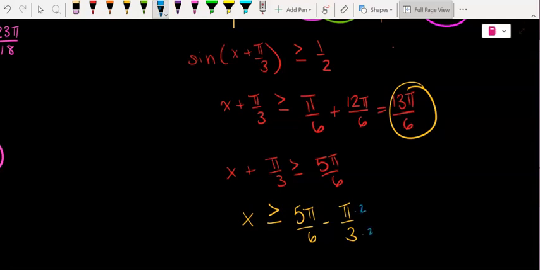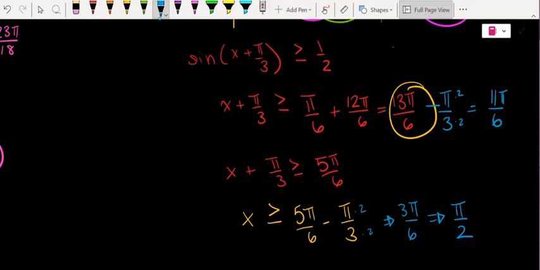And so now I'm going to do 5 minus 2, which is going to get me 3 pi over 6, which reduces down to pi over 2. Okay. And then for this one right here, for 13 pi over 6, I'm going to do 13 pi over 6 minus pi over 3, which again, common denominator, 13 minus 2, so that's going to get me 11 pi over 6.